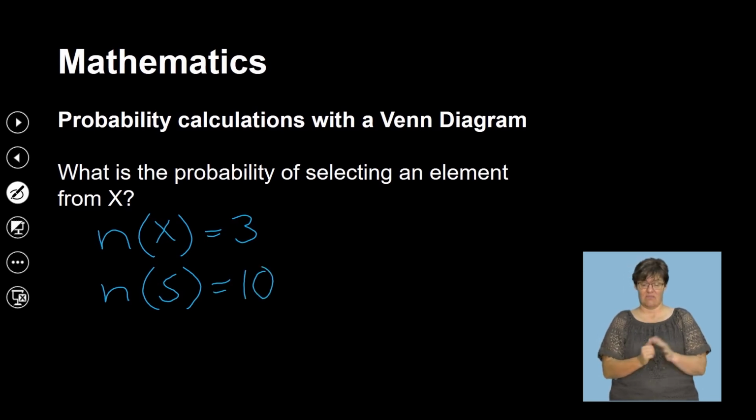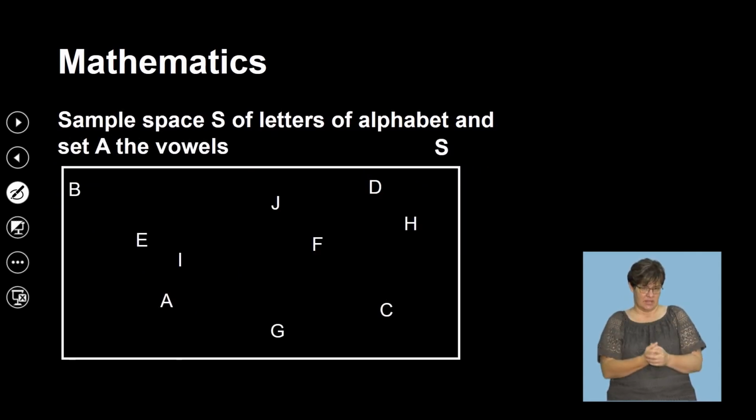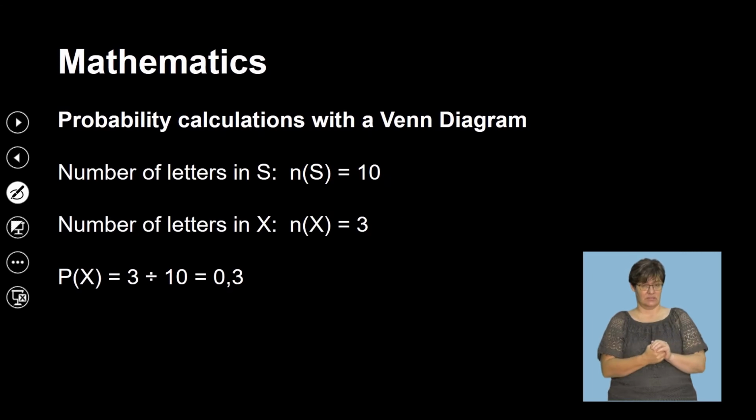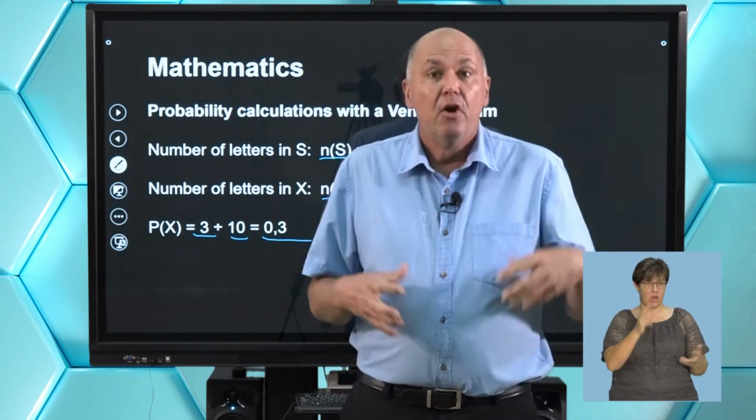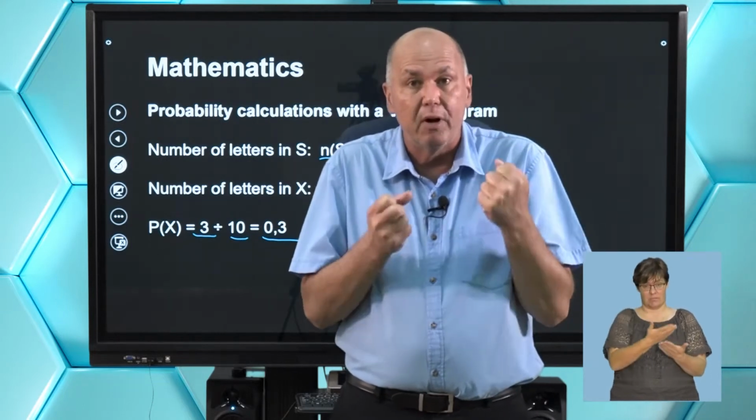And so if we were to calculate the probability, we'd recognize it's these two numbers divided by each other. And if we look at it graphically, there we go, we've got 10 in the sample space, we've got 3 letters, and we take 3 divided by 10, which gives us a probability of 0.3. Now, that was really quite easy. Remember, this is the theoretical probability.